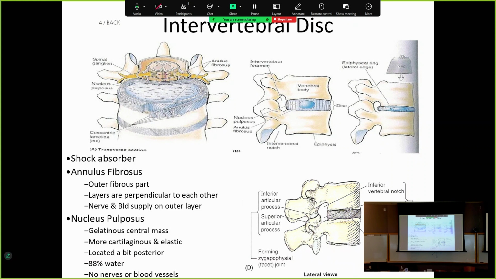If I took a jelly donut and I took two books and I smashed it down, the jelly donut explodes and the jelly comes out the sides. But if before I slam down the jelly donut between the two books, I take duct tape and wrap it around the outside of the jelly donut to hold the jelly in, then when I push down, the jelly tries to expand out and absorb, and the outer layer of duct tape, the annulus fibrosus, serves as maintaining the integrity of the intervertebral disc.